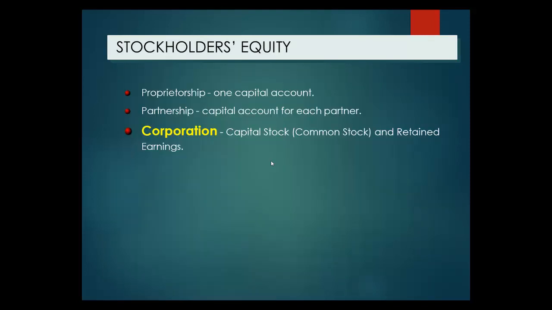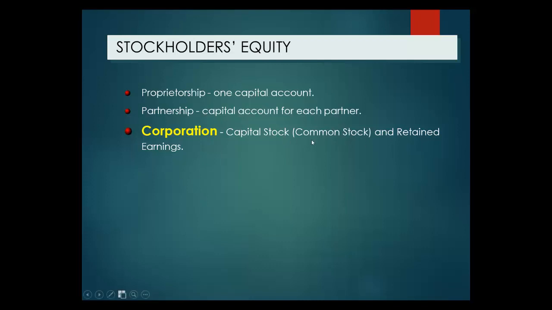Finally, we've got stockholders' equity. And as we remember, companies can be organized as proprietorships, where you'd have one capital account, the owners. They can be set up as partnerships, where you'd have a capital account for each partner. Or they can be set up as a corporation, and that's the form of business that we're using in our class.